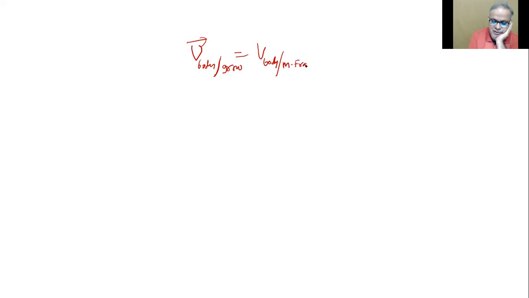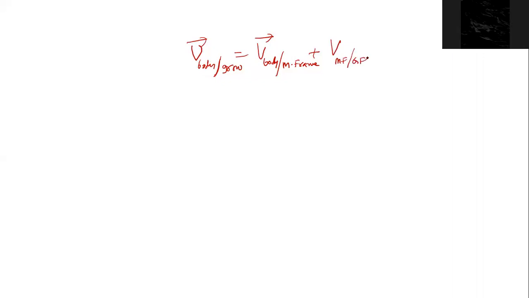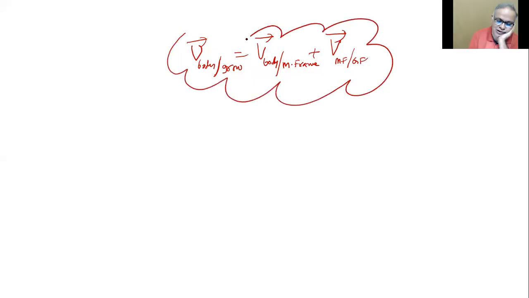It can be bus, it can be river, it can be many things, aeroplane. So why should you write only bus? Bus is the moving frame now. Plus velocity of the moving frame with respect to ground. Yes. So this is what the resultant motion is. That is, this is called resultant motion.